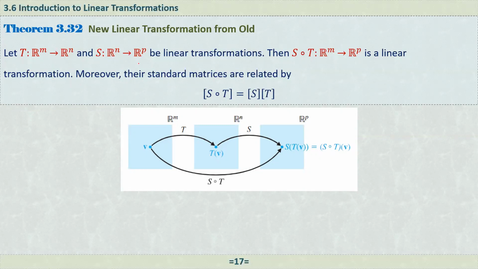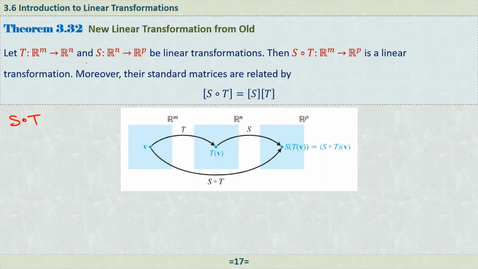Then we may follow T by S to form the composition of the two transformations. We denote this by S composed with T. Here we have the first transformation and this is the second one. In this video, we'll talk about how we combine these two things. Instead of multiplying two matrices, can we just do this by a single matrix transformation?